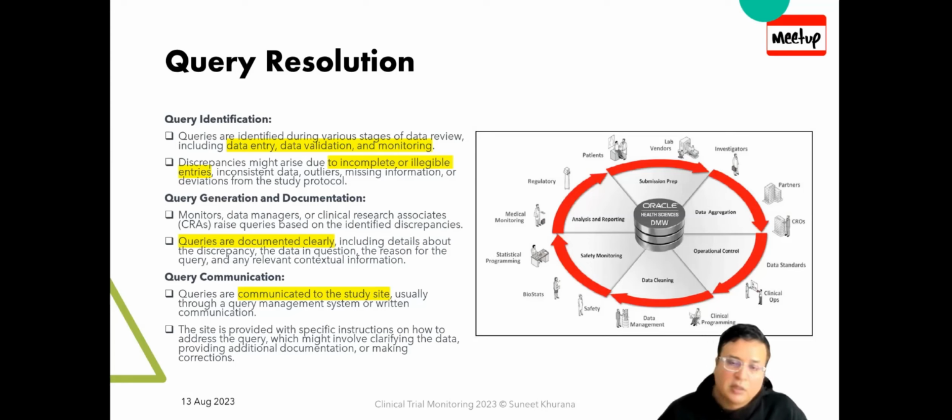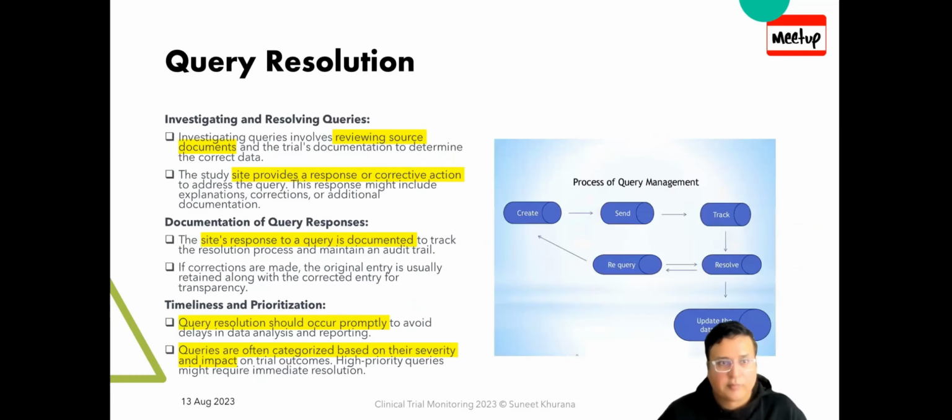Then the biostatisticians collect the data, check safety monitoring, and the analysis is done. So this is the cycle. This is the process: create, send, track, resolve. If not resolved, requery, create a new one, and when finally resolved, update the events.